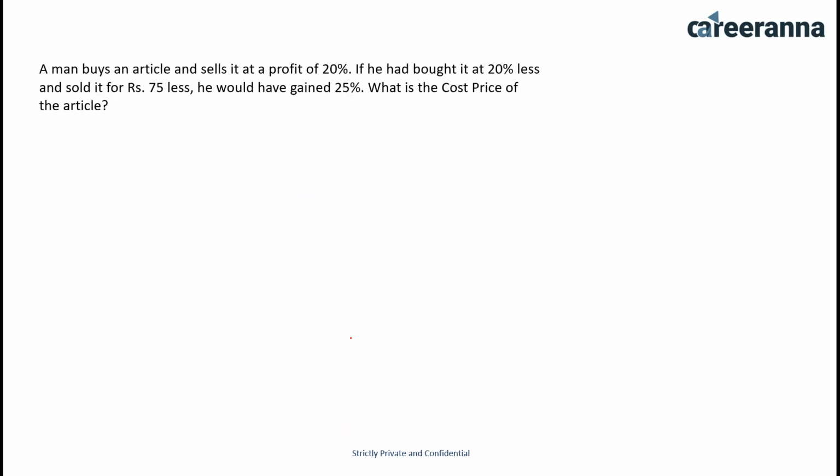Same kind of question, please try to solve it. A man buys an article and sells it at a profit of 20%. If he had bought it at 20% less and sold it for 75 rupees less, he would have gained 25%. What is the cost price of the article?